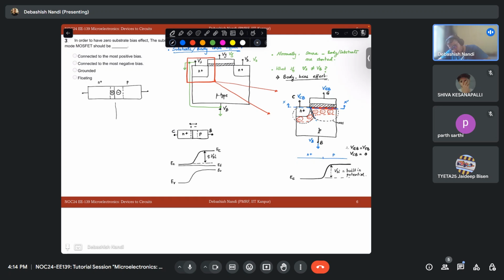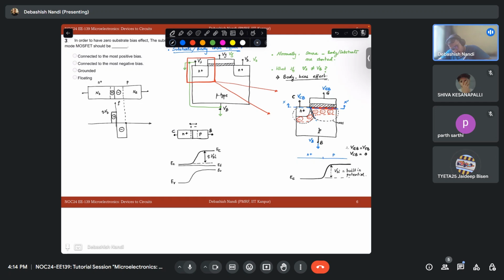Now, if you draw the charge diagram, rho, you see a positive charge here and a negative charge here. This is your QND. Let's say the doping here is ND, and here the doping is NA. So this is positive and this is negative.